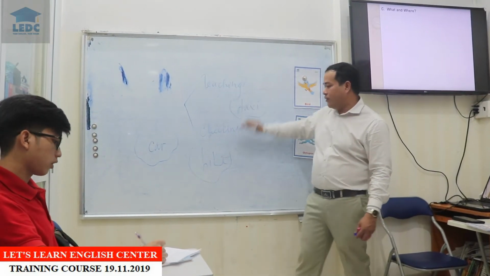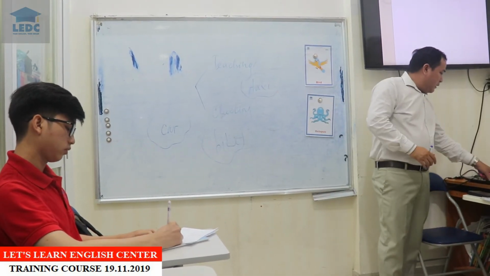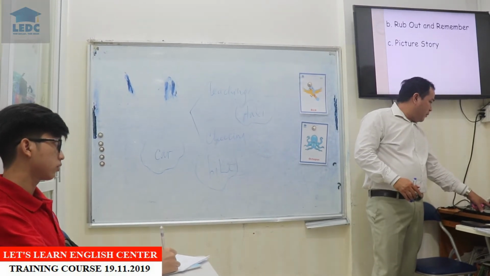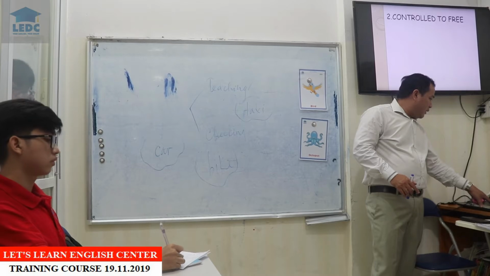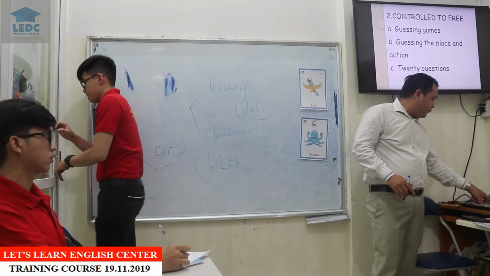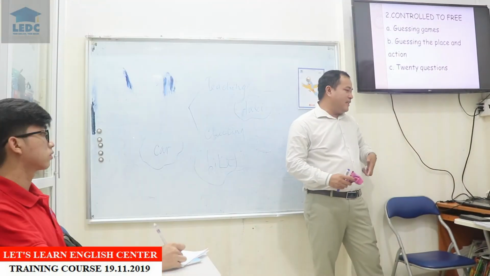You put it like that and try to erase it. And what is it? One more. Remember the picture of this one? It's something like this. This one, let them practice in guessing games.